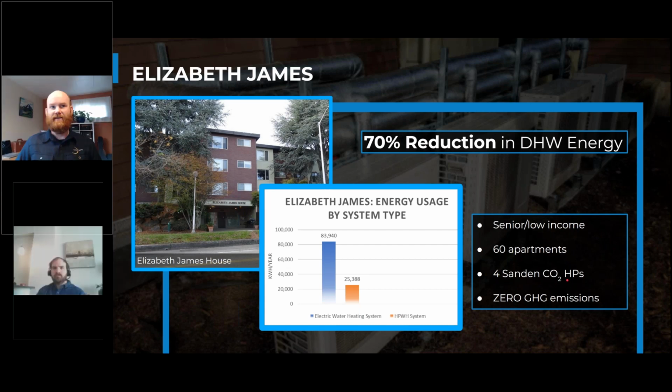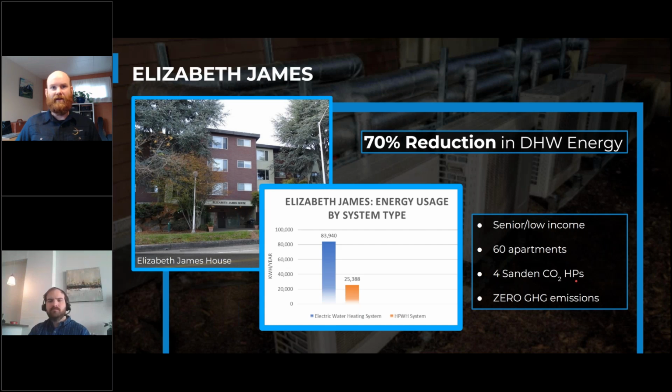And this is an existing building that was built in probably the 60s. And it had an existing electric resistance water heating system in it. And we retrofitted this building to a heat pump water heating system using those really highly efficient CO2 heat pumps that are located outside, and they're right over here just out of the frame of this picture, unfortunately.